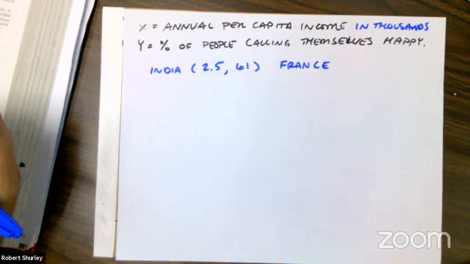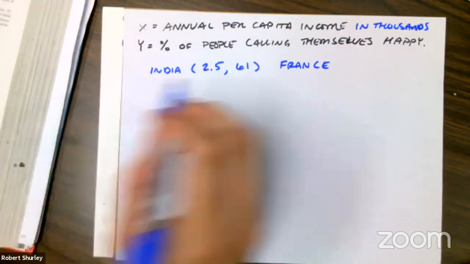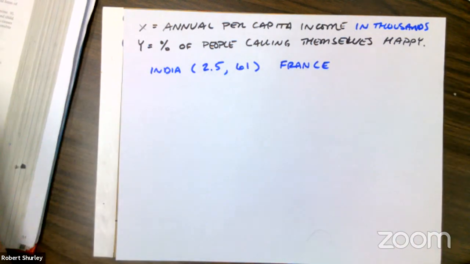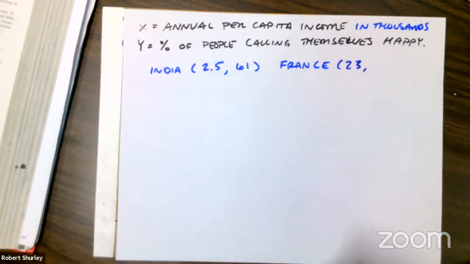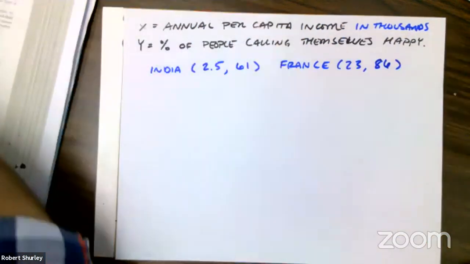Like if you're thinking like a pizza slice and you had to cut it in half, that would cut it about in half. So, okay, France though, where's France? There it is. France is about 23,000 in annual per capita income, but then happiness in France is like 80. Let's say 86. Why not? Okay, about 86%.